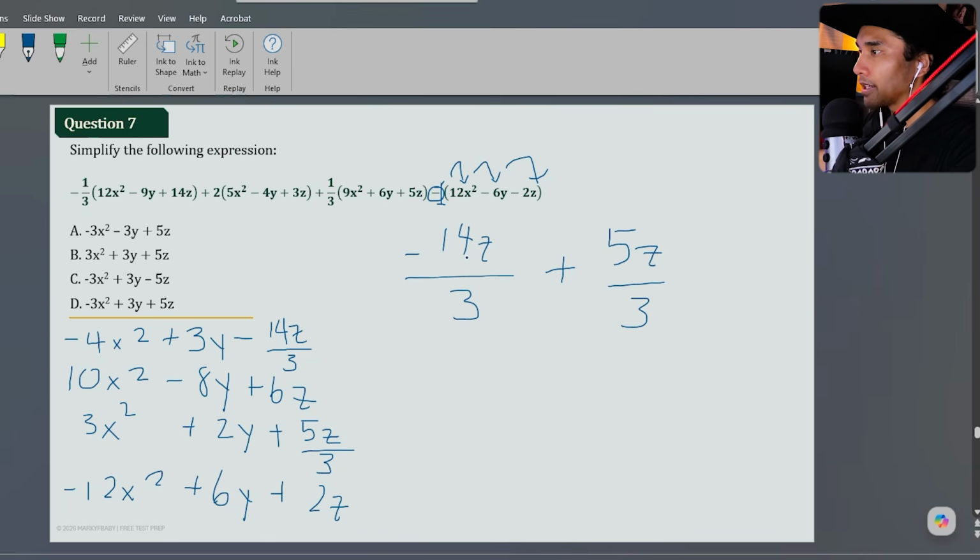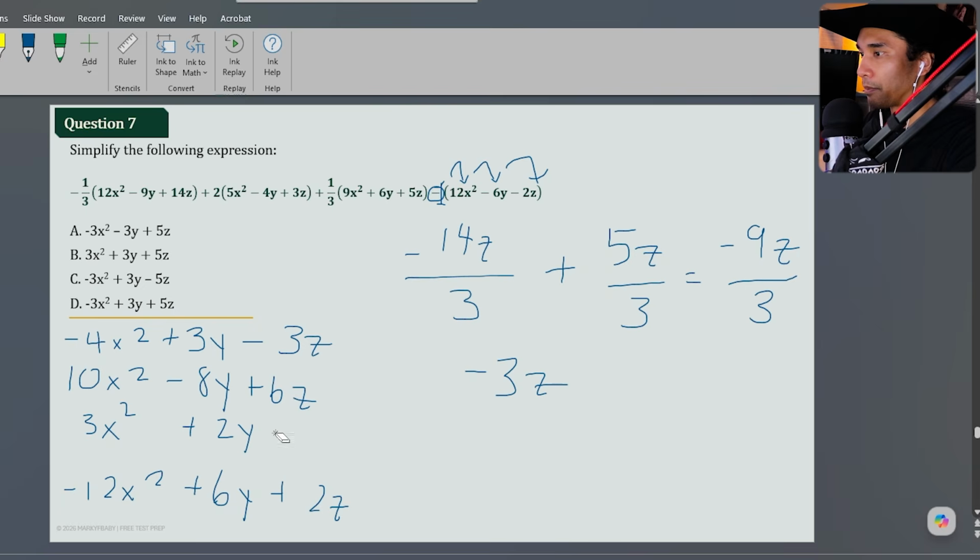So what is minus 14z plus 5z? Well, that equals negative 9z over 3, and negative 9 over 3 just equals negative 3z. So these combined together equal negative 3z. So all I'm going to do is just get one of them, or erase both of them, and then put a minus 3z.